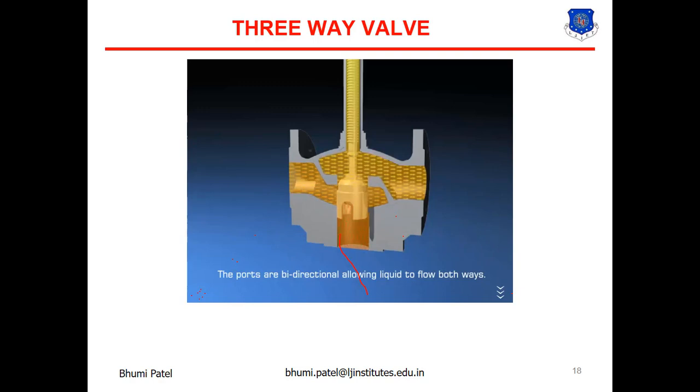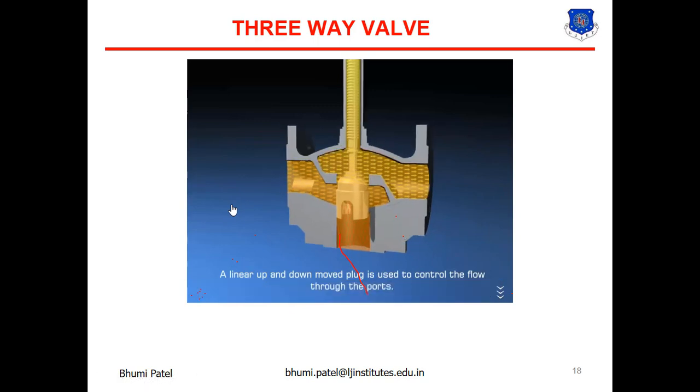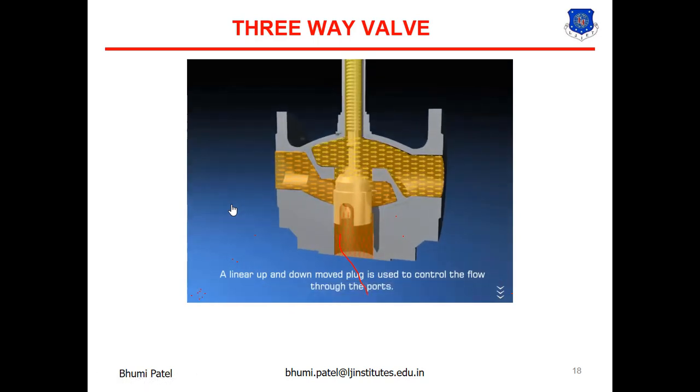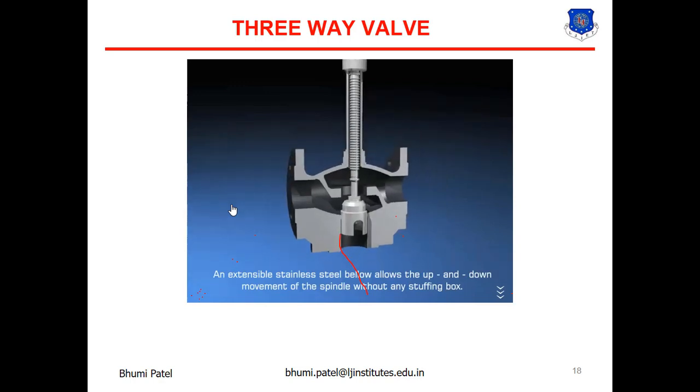You can see in this diagram, a linear up and down movement of the plug is used to control the flow of the port. Whenever the plug is on the downside, the flow is in the off position, and whenever the plug is on the upward side, the flow is in the on position.